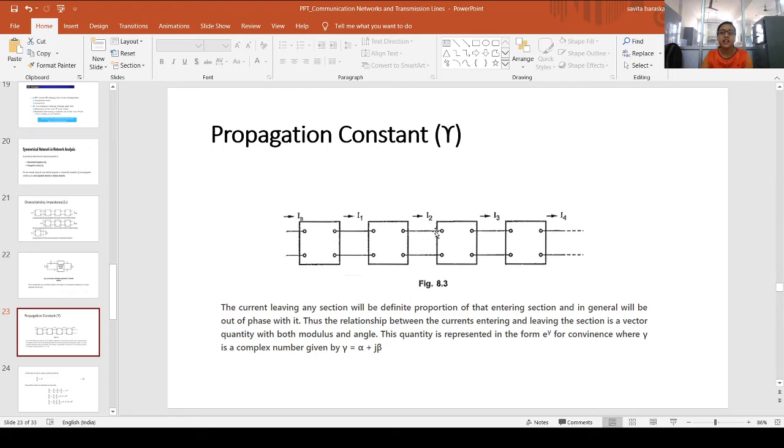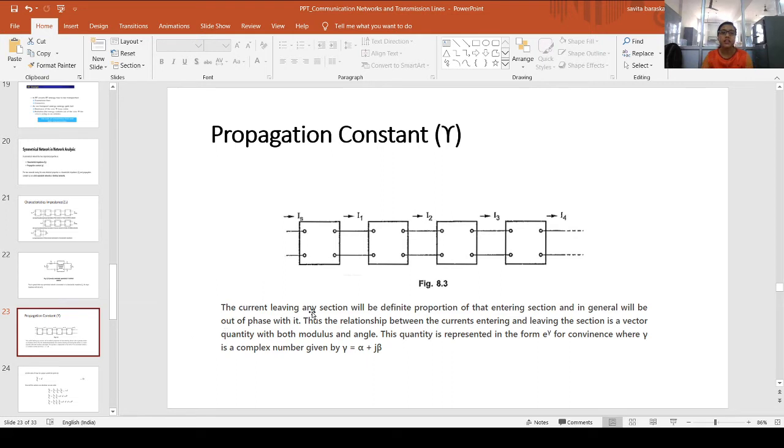So these are all the symmetrical two port networks. Means we can say that a transmission line can be a two port symmetrical network which are connected in series and which have n number of two port network.